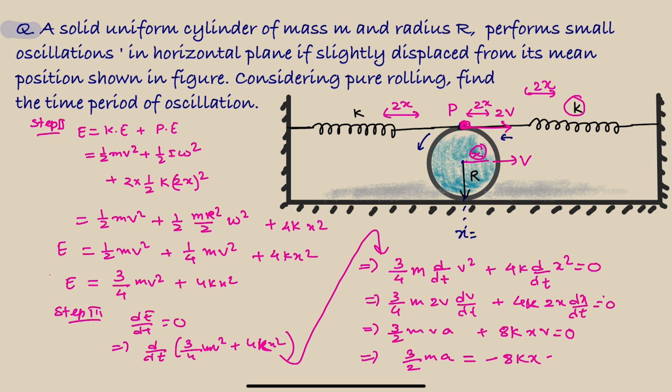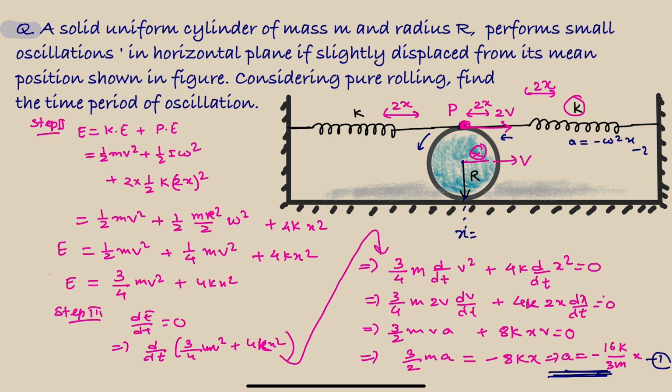After that, we will write down the expression for the acceleration, which will be equal to minus of 16k divided by 3m into x. Now that's our equation for the acceleration. What we will do now, we will compare this equation with the standard equation, a equal to minus omega square x.